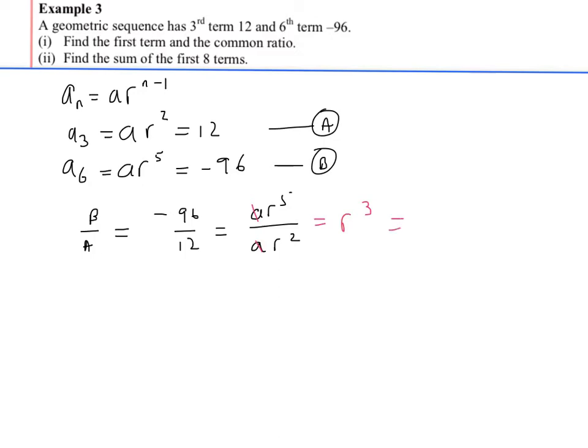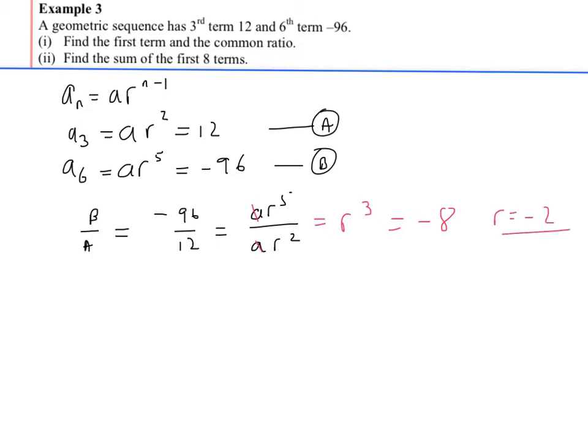and -96 over 12 should give us -8. And since it's a cube, we've got to be careful when we put that in the calculator. Since it's a cube, we know r is a negative number, so r gives us -2.